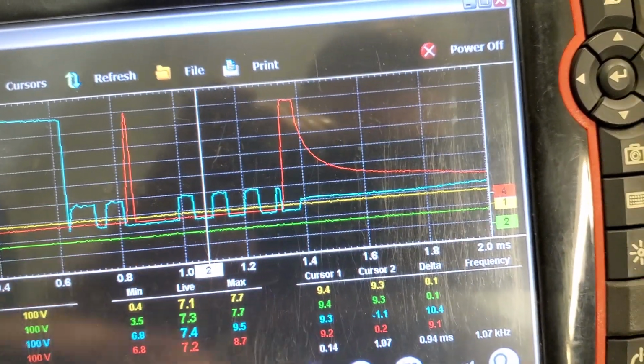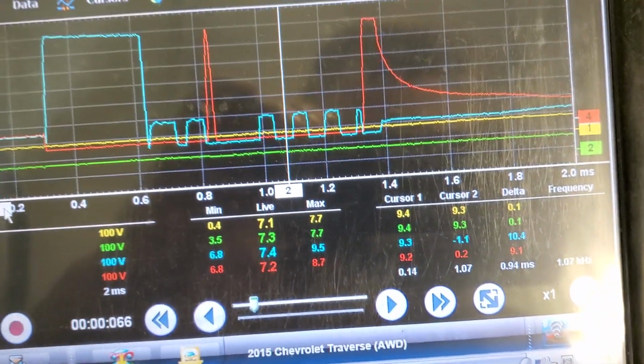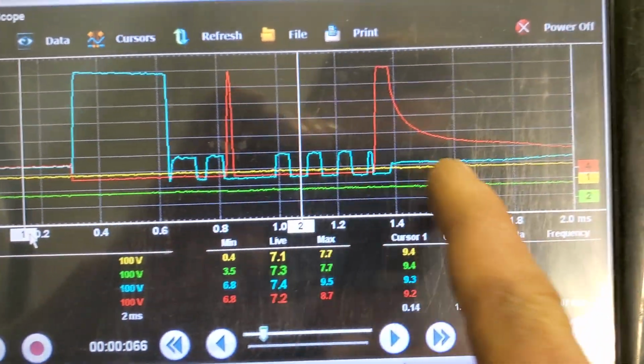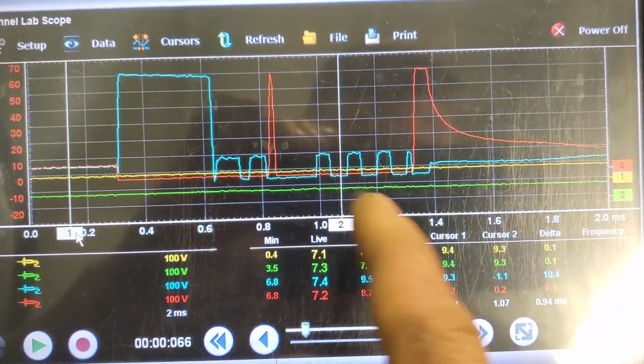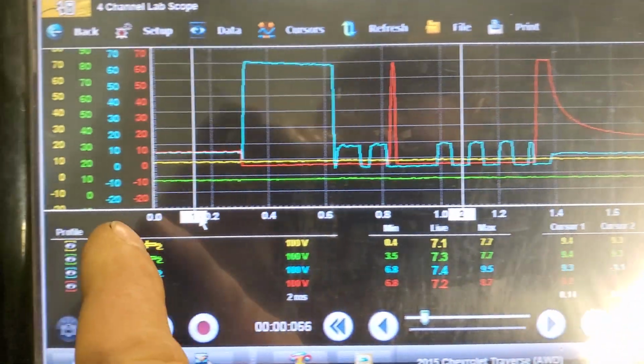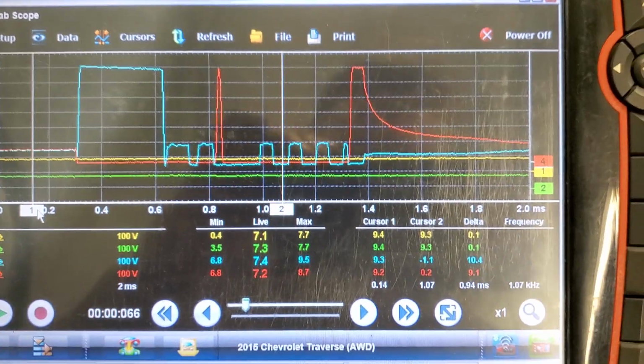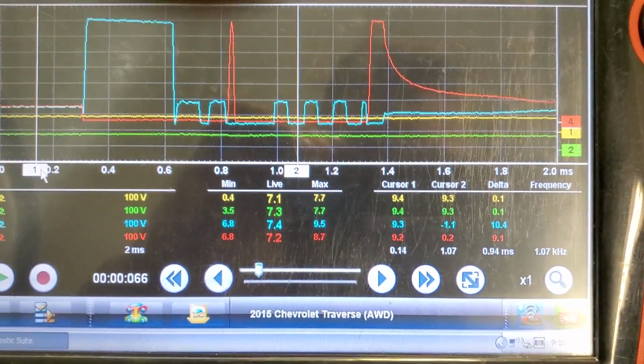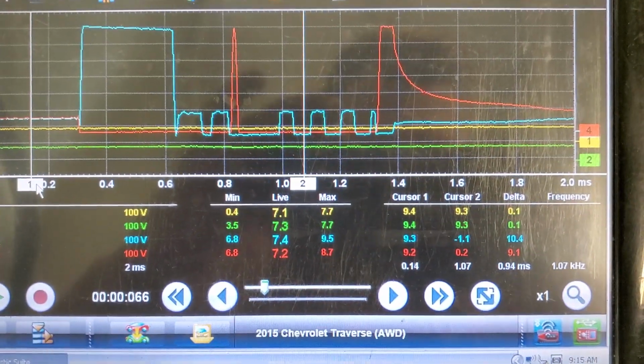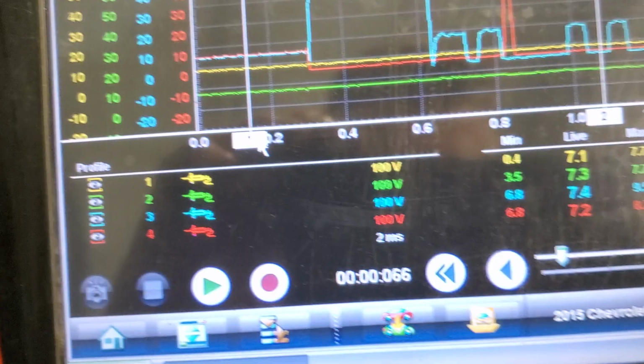So this is a known good for cylinder 5, and you can see we have no activity at all from the ECU for injector 4 on our yellow and green trace. Why? Well, we're about to find that out.